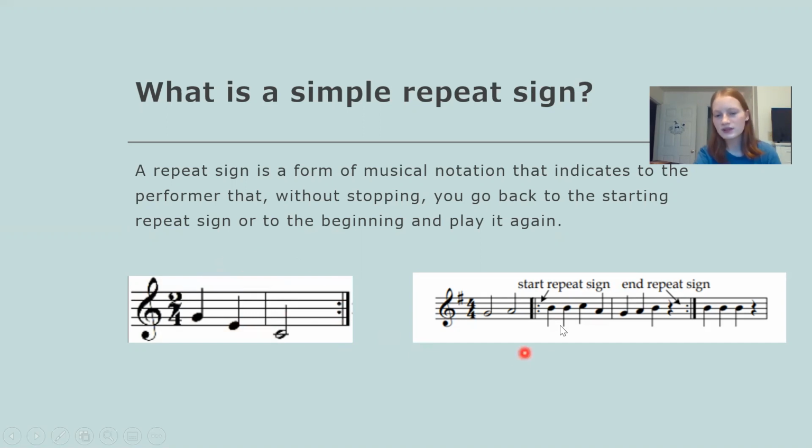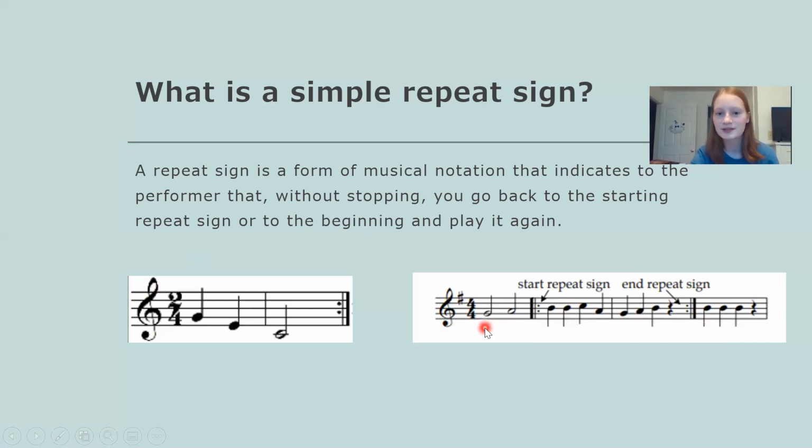Now, this example here on the right has a repeat sign on the left, which isn't what we saw in the first example. So this means that this is the section where you go back to start your repeat. So you still have this ending repeat sign, but instead of going back to the beginning when you take your repeat, you're just going to repeat measures 2 and 3.